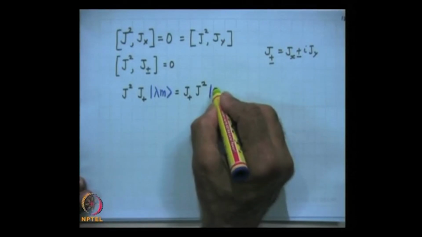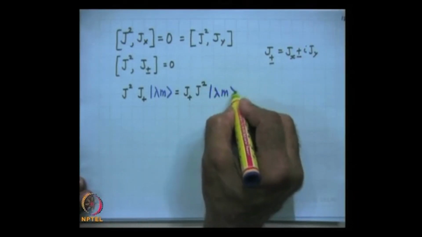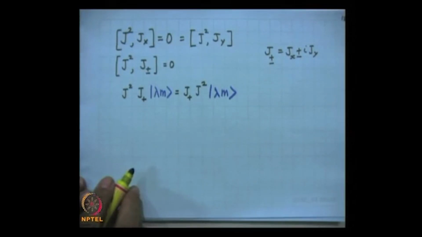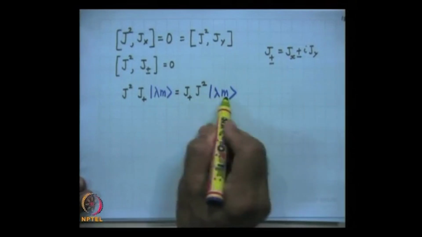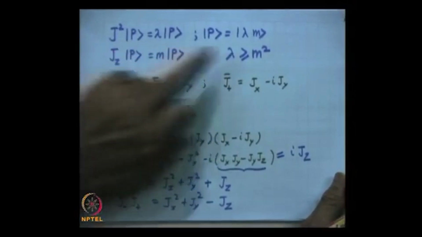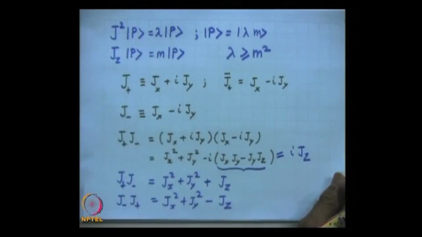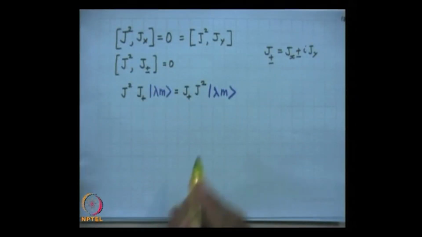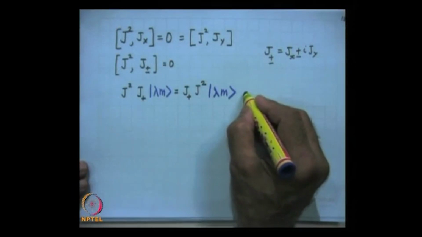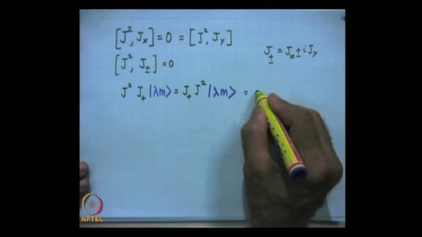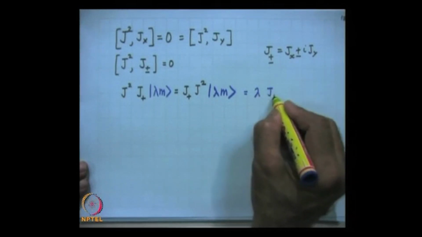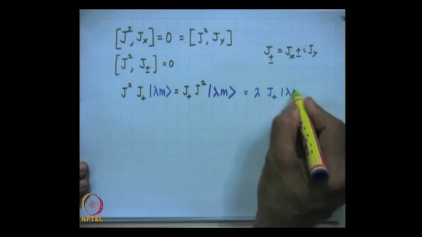Then j square operating on this is, this is the eigenket. J square operating on ket lambda m is equal to lambda, and lambda I can take anywhere. So, lambda j plus ket lambda m.